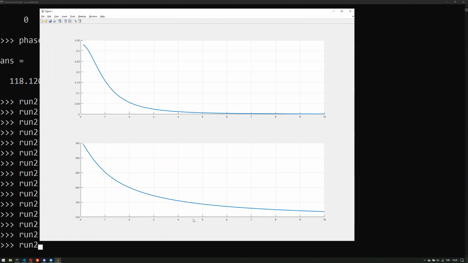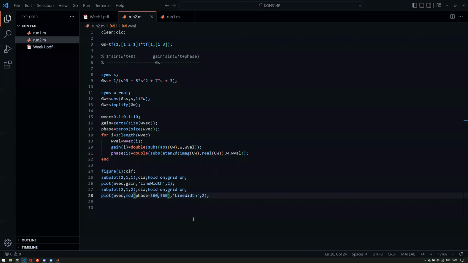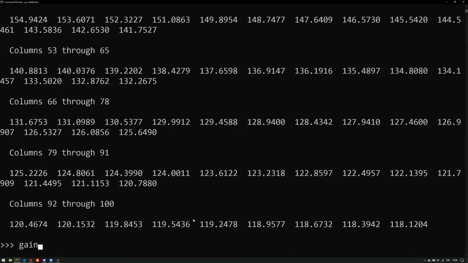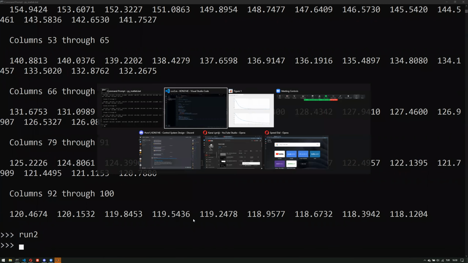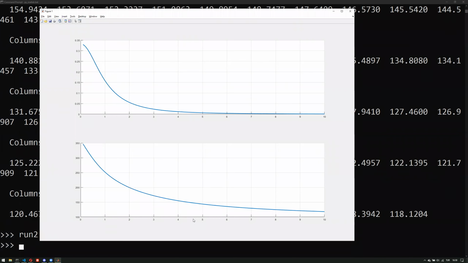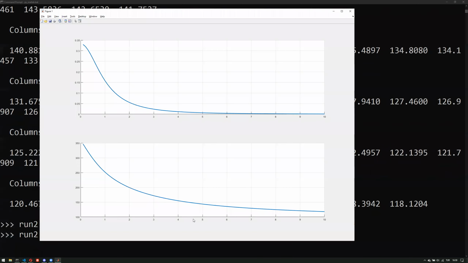Yeah. But still there's some problem, I'd say. Maybe adding to it makes sense. I'm quite sure that this should be a negative value.